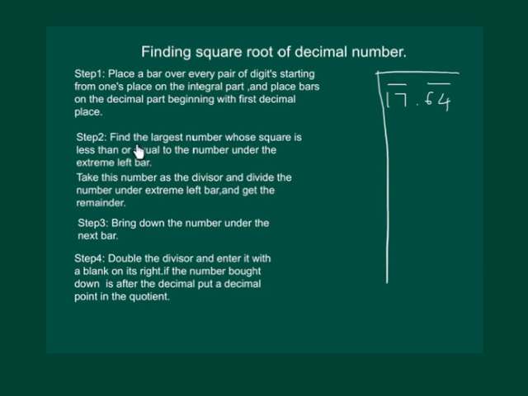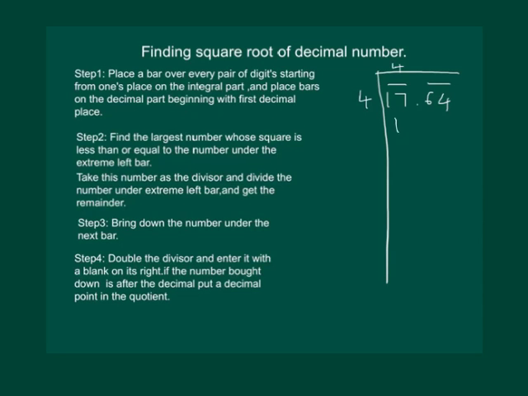Next, we have to find the largest number whose square is less than or equal to the number under the extreme left bar. We have 17 under the extreme left bar. We know that 5 5s are 25 will be greater than 17, but 4 4s are 16 satisfies our condition.